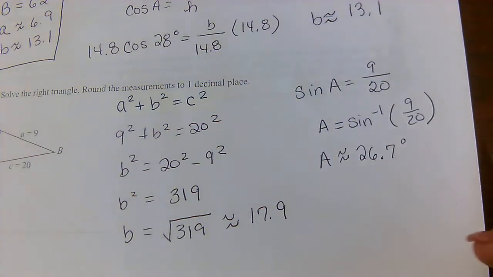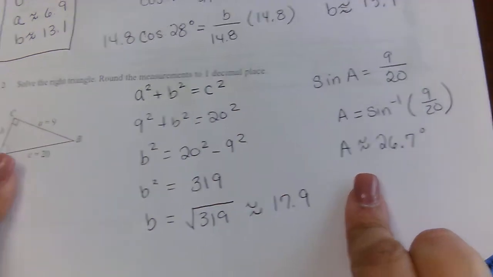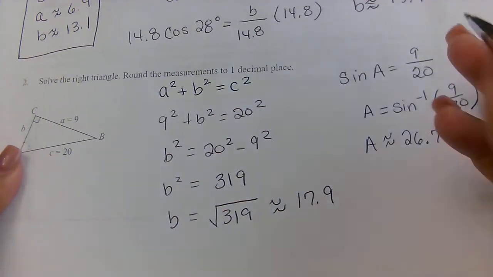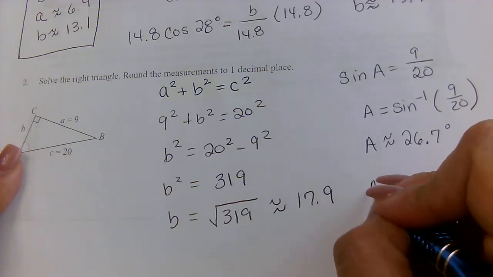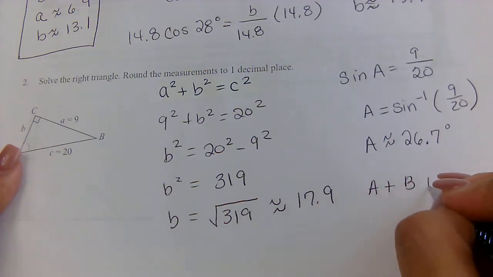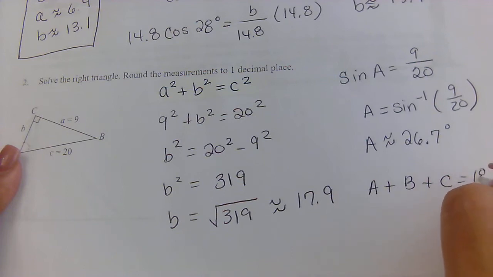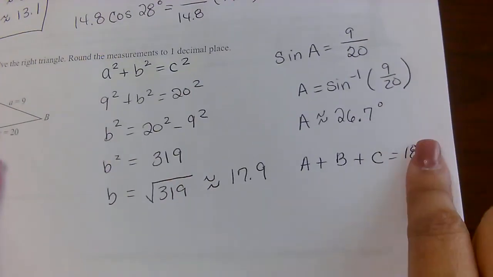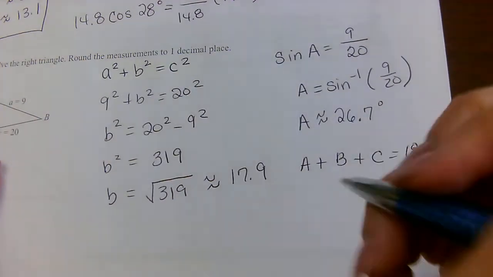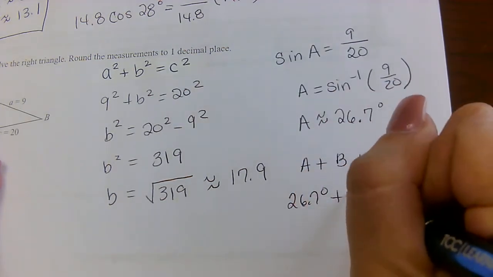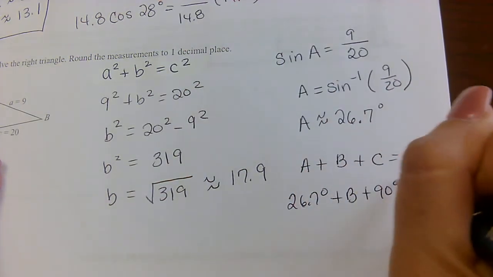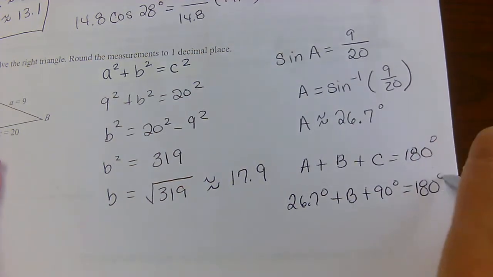For B, we can use the cosine value, or we can go ahead and solve for angle B. Remember, angle A plus angle B plus angle C always has to equal 180 degrees. So I can plug in what A is, which I have as 26.7, plus B, which we don't know, plus C, which is 90 degrees, and just solve it like that.